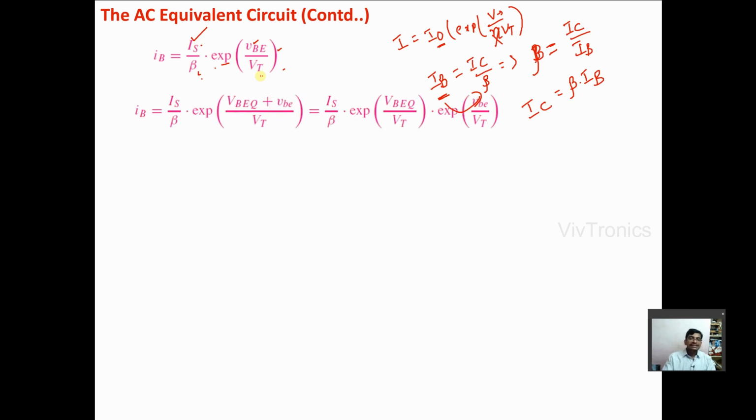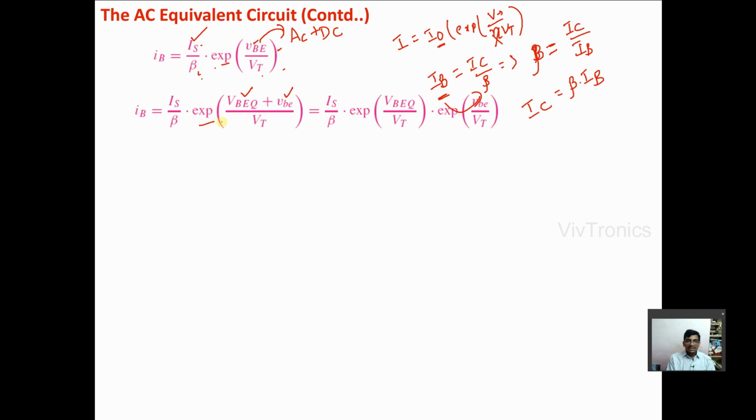Now this IB current can be expressed as Is by beta into exponential of VBEQ plus VBE. So we are assuming that this VBE is a composition of AC voltage plus the DC voltage. The DC voltage is referred to as VBEQ and the AC voltage is VBE. Now what we are going to do is expand the exponential.